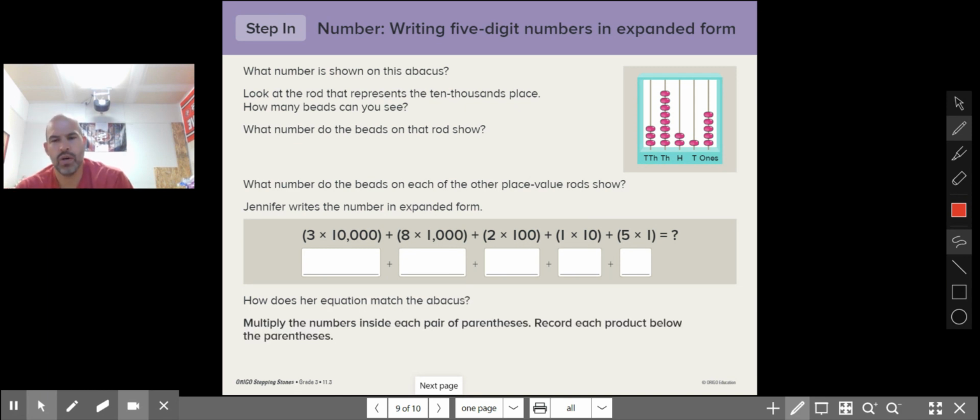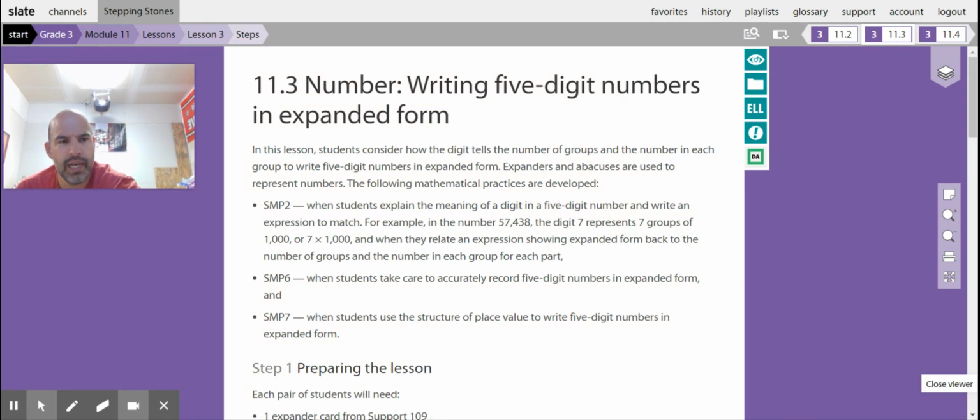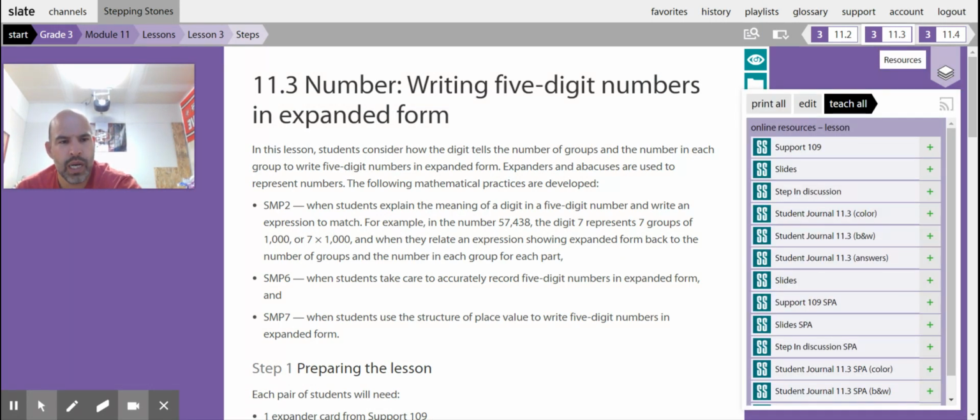All right. So we multiply the numbers inside each pair of parentheses, record each product below the parenthesis. All right. And then we add those products up, and you'll see that that equals the same value as what's represented in the abacus.